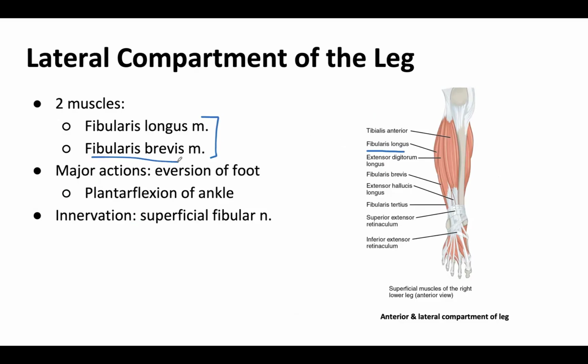These both have fibularis in their names, so we know that they are going to evert the foot, and these are the primary everters of the foot. And they will also play a supportive role in terms of plantar flexion of the ankle. These muscles are innervated by the other terminal branch of the common fibular nerve, the superficial fibular nerve.